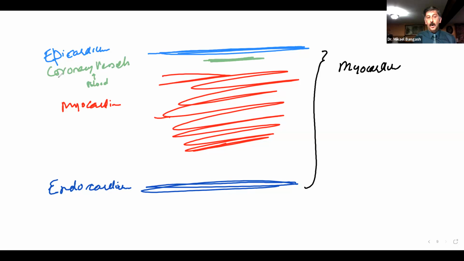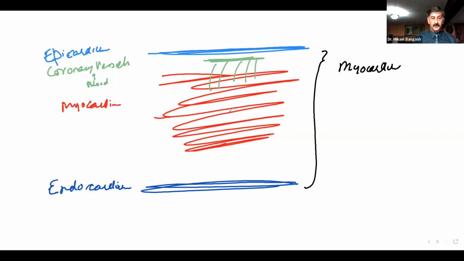Now, why we call them the coronary vessels, we can talk about that later on. But these are mainly going to be the blood vessels that supply blood to the myocardium, the actual muscle of the heart.